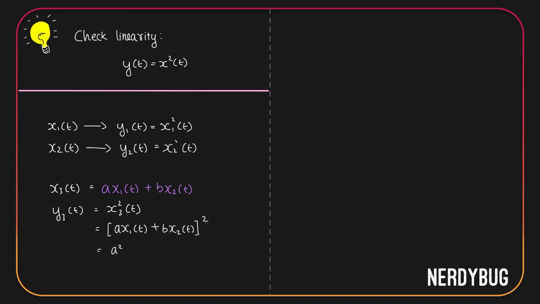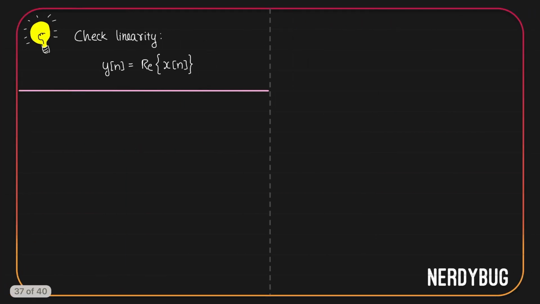So that will be equal to a square x1 square of t plus b square x2 square of t plus 2ab x1 of t multiplied by x2 of t. That is, for an input a x1 of t plus b x2 of t, we definitely did not get a y1 of t plus b y2 of t. This system is non-linear.